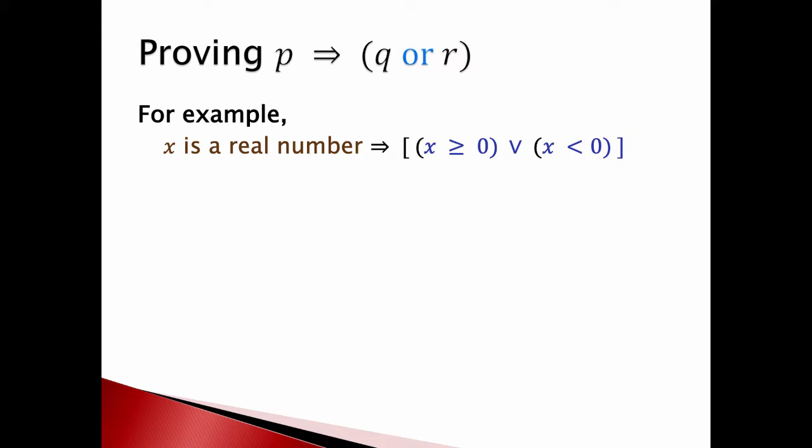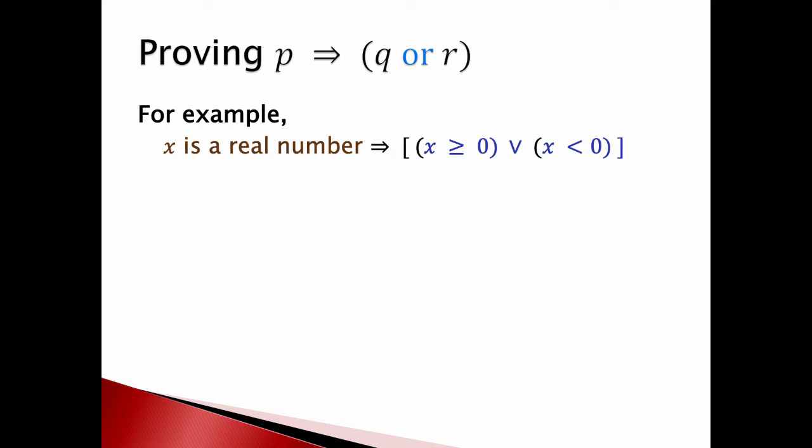So suppose that we have this implication. X is a real number implies, and then this giant thing on the right hand side, that X is bigger than or equal to 0 or X is less than 0. So this is exactly in the form of a P implies Q or R. The P part is X is a real number. The Q part is X is bigger than or equal to 0.